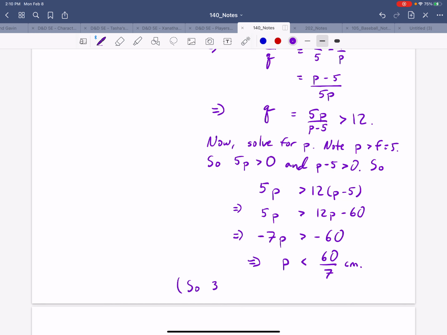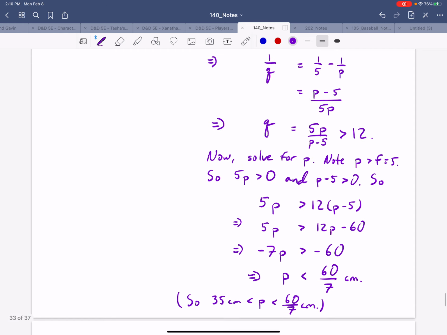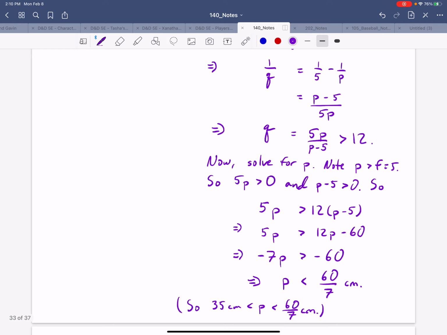So 5 centimeters is strictly less than P is strictly less than 60 over 7 centimeters, because again, we're assuming P is greater than F. But if I ever asked you this sort of problem, it's a little challenging, but unless I were specifically asking for the lower bound, then you wouldn't need to include that. It'd be a nice touch, but you wouldn't need to.